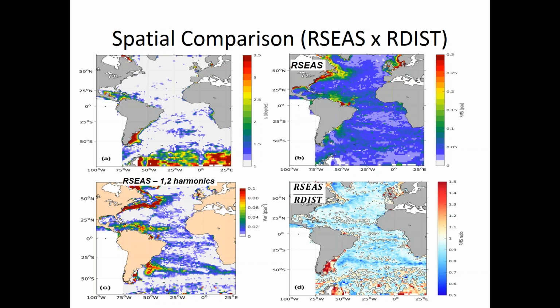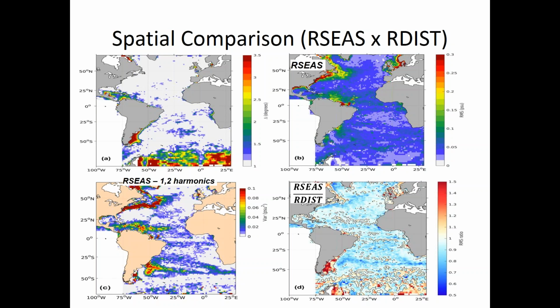And we have the regions, of course, of strong variability, such as the Gulf Stream and the North Brazil Current. And so these regions are where you get most of the uncertainty. And if you account for just the variance explained by the harmonics in comparison to the total variance, we see where the harmonics could be important relative to the RDIST.